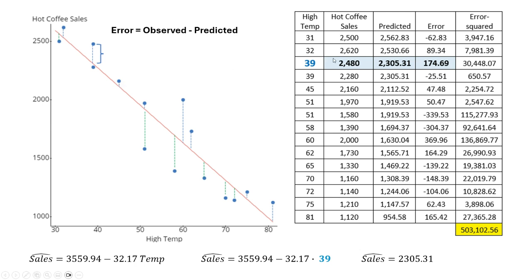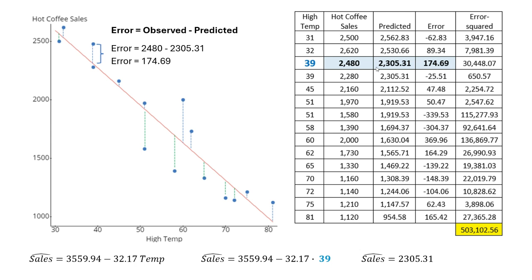So let's focus again on this first day with 39 degrees. If I take the observed, the 2,480, and subtract off what the linear model would have predicted, which is 2305.31, you can see it was off by about $174.69.